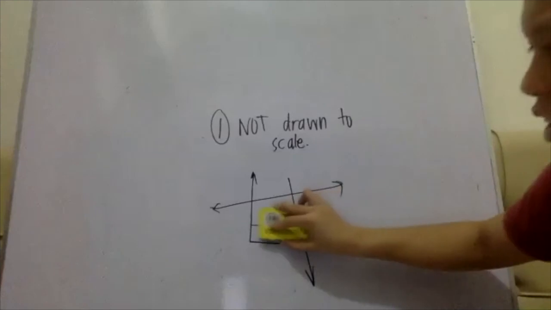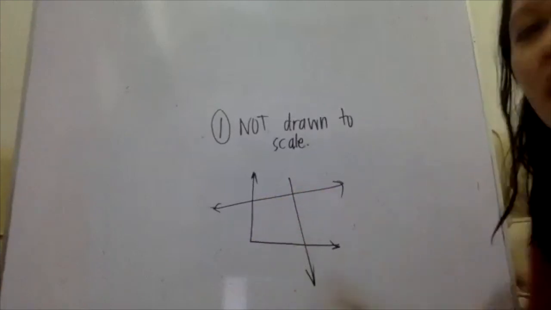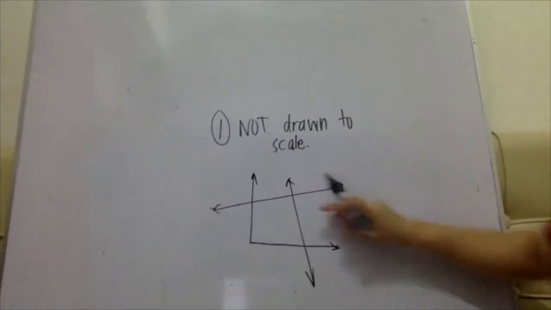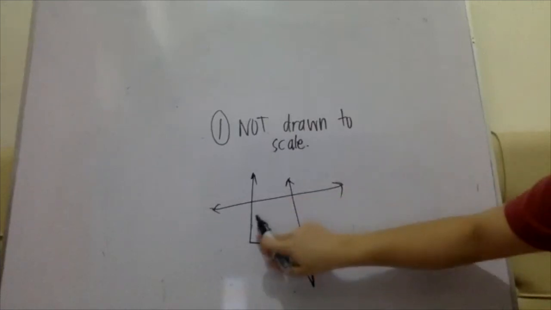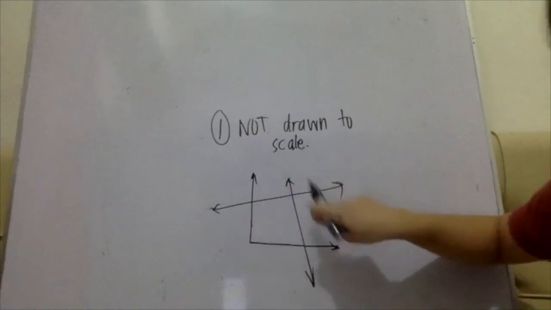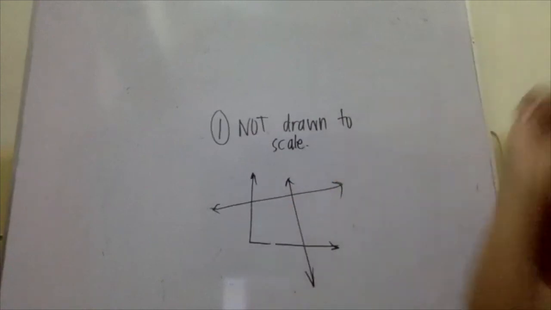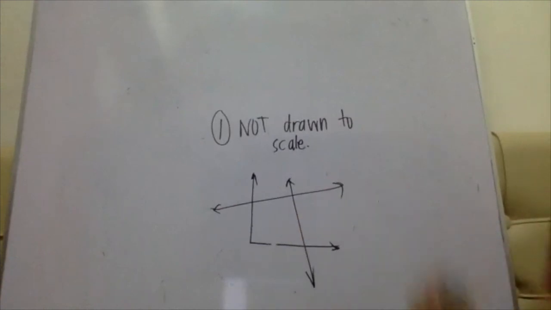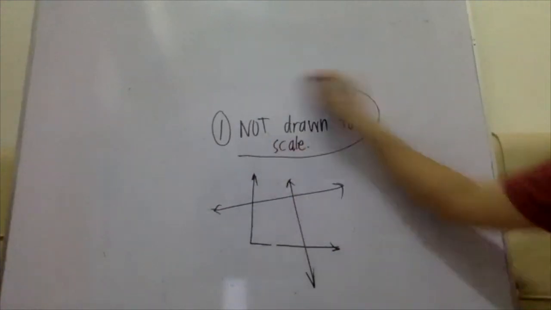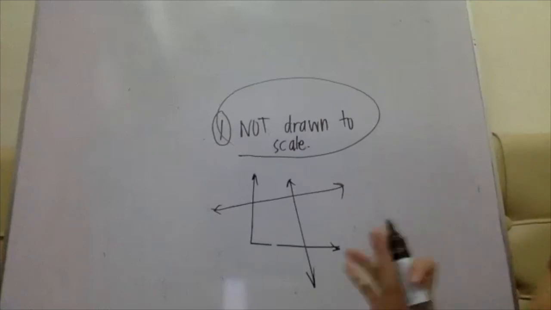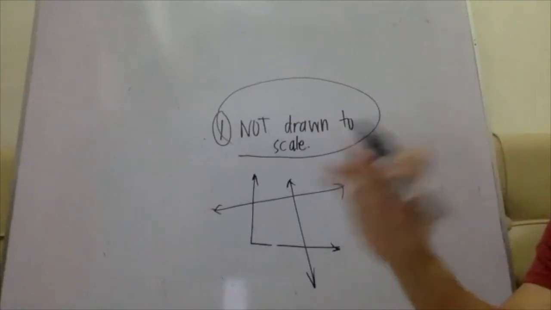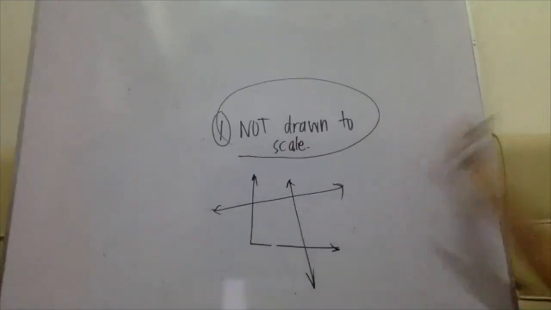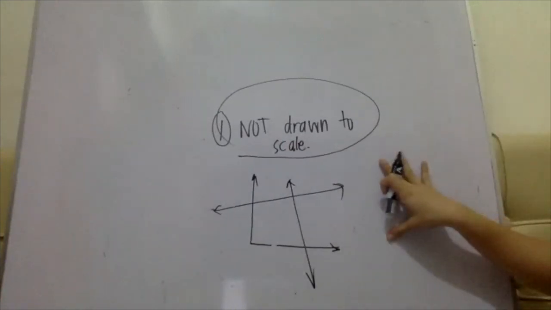Pero however, if walang naka-indicate, or there's no way for you to prove na right angle siya based sa given, hindi mo i-assume na right angle siya. Kasi again, pag nasa geometry ka, it's not drawn to scale. Otherwise, edi sana nagdala na lang tayo ng ruler at mineasure isa-isa, di ba? So, not drawn to scale yan.